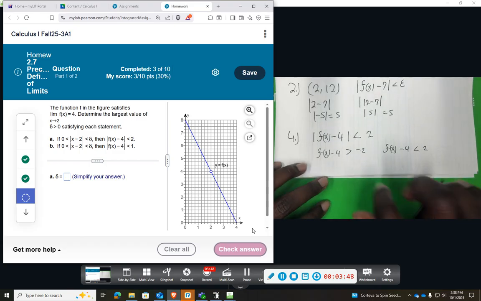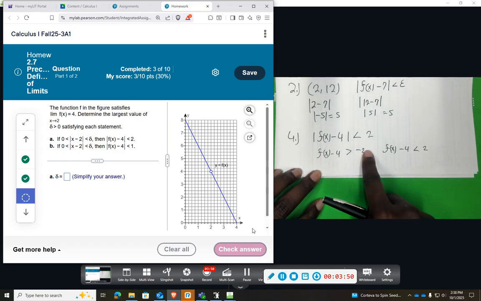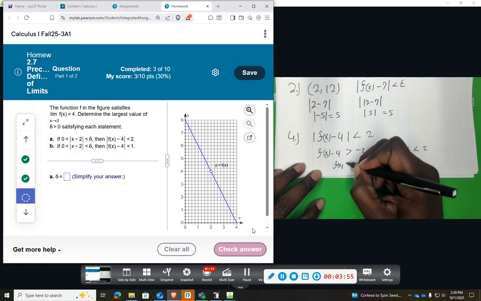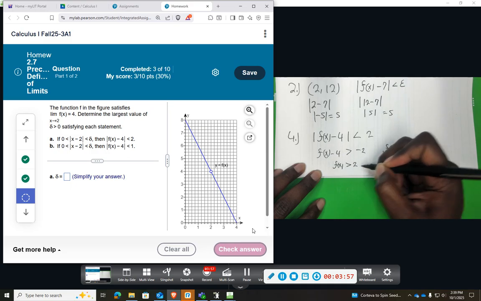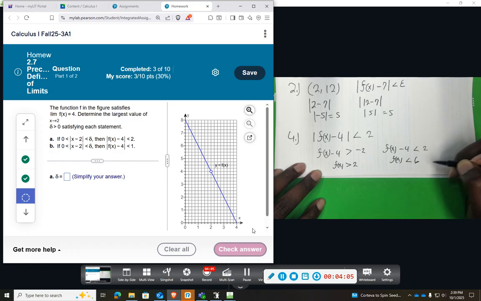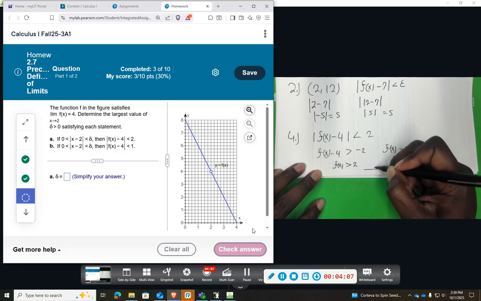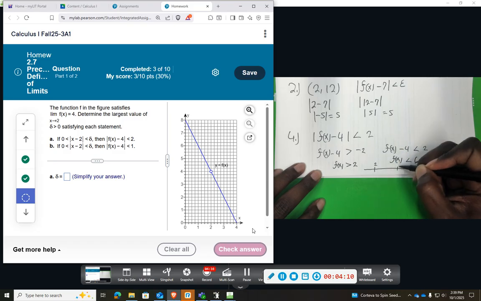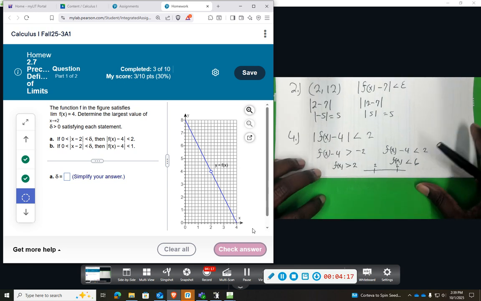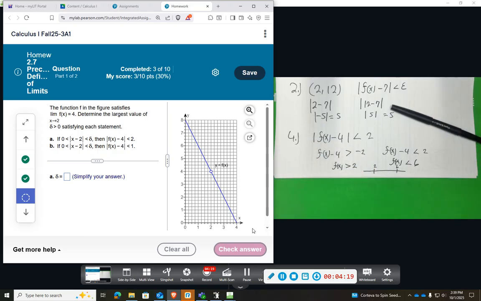And so basically when you're doing this, we would add 4, and so that would give us f of x has to be greater than 2, and then if I add 4 to both sides, I have f of x has to be less than 6. So you get a number line that goes from 2 to 6 in the y direction. It would be the same as if you were to take this 4, which is the midpoint, and add 2 and subtract 2 from it. But you get 2 to 6, okay? So that's going to keep you within 2, less than 2.